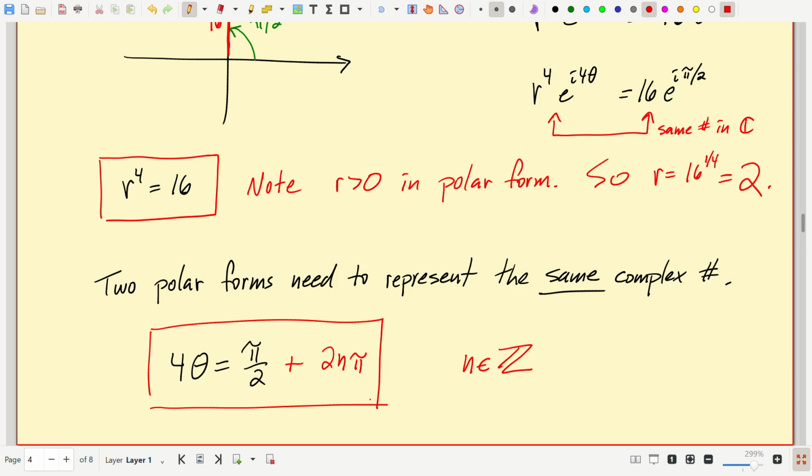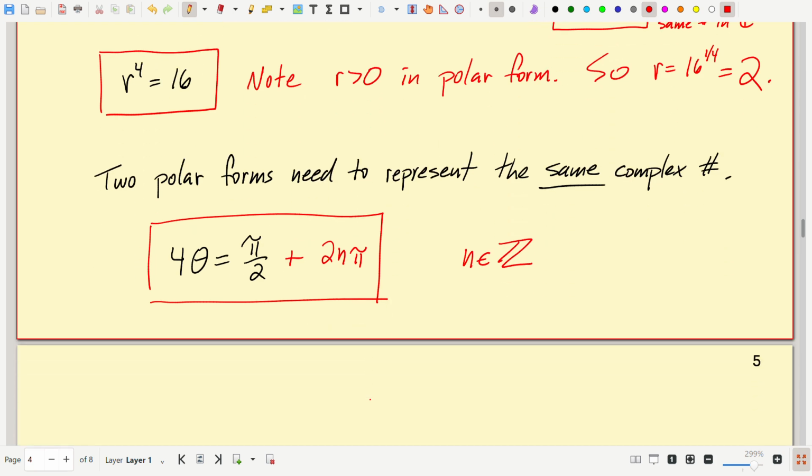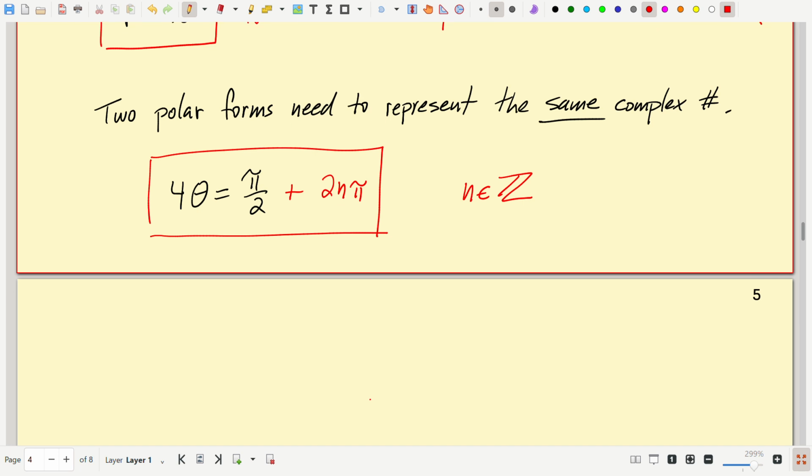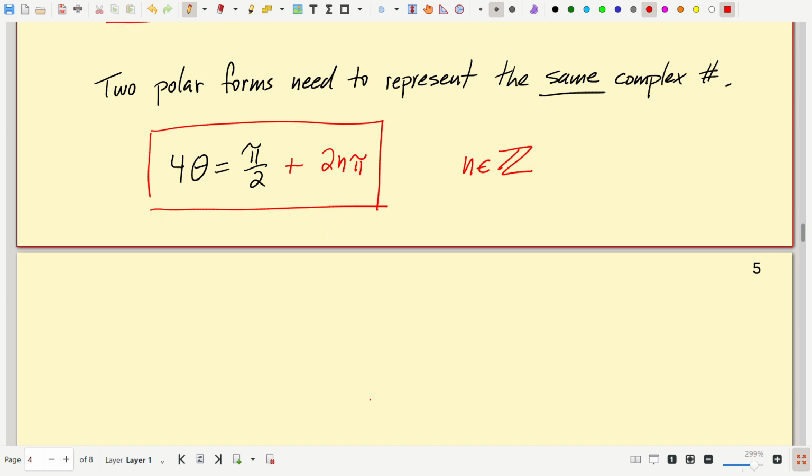And it looks like, oh my gosh, there's going to be infinitely many of these. But it turns out there's only 4. So let's solve for theta there. I get theta is equal to pi over 8 plus a multiple of pi over 2.